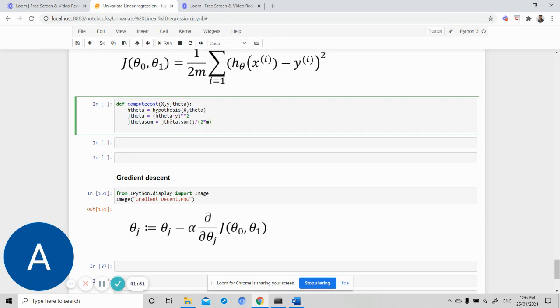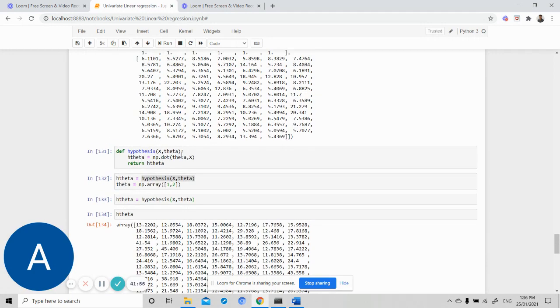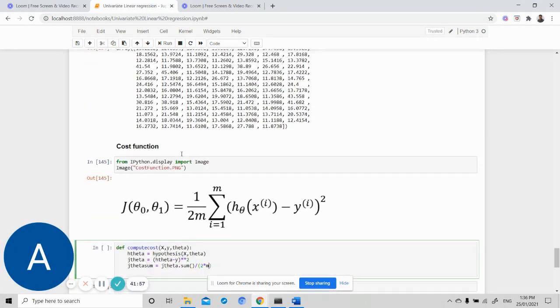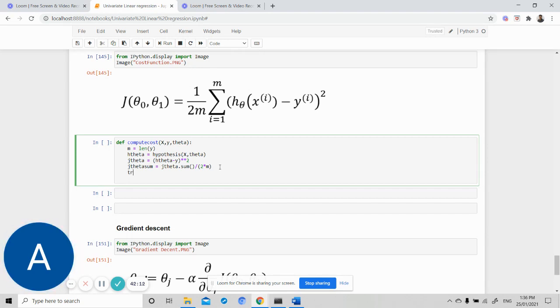I think we have not calculated m, so my m is the length of x or y, can be anything, so total length. We will return J of theta.